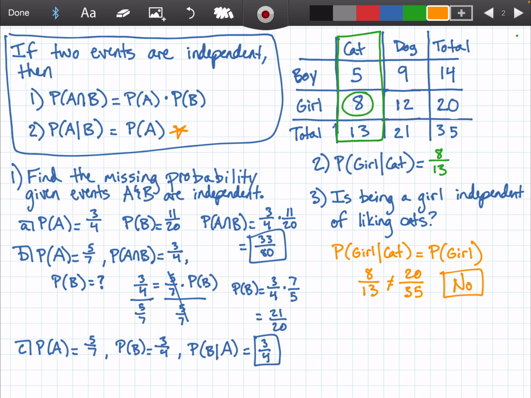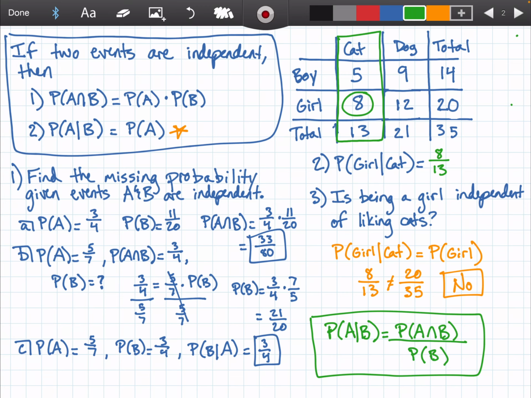Okay, the only other thing that I want to bring up would be a formula, going along with this idea of how we found what's in green. The reason I color-coded this in green is because it's exactly the same thing that we did in green on number 2.